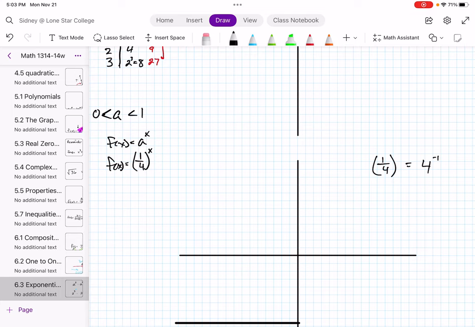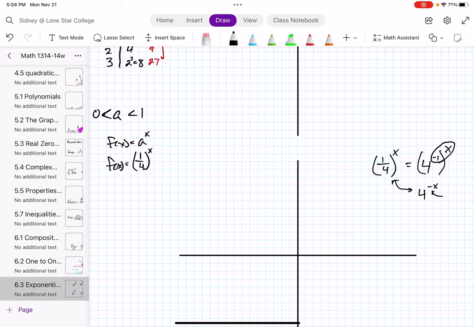So you could write f of x equals 1/4 to the power of x as 4 to the negative 1 power, to the power of x. Now, our exponent laws say when you have powers on top of powers, you can multiply them. So that is 4 to the negative x power. So 1/4 to the power of x is equivalent to 4 to the negative x.